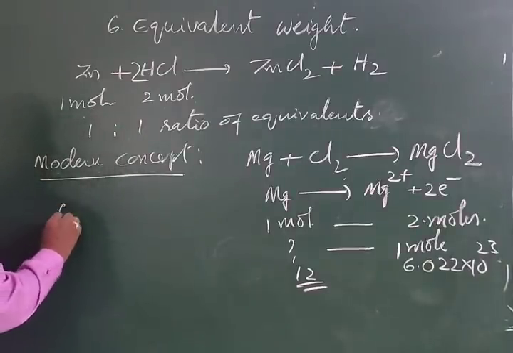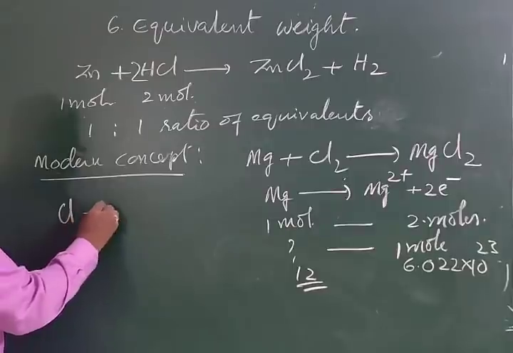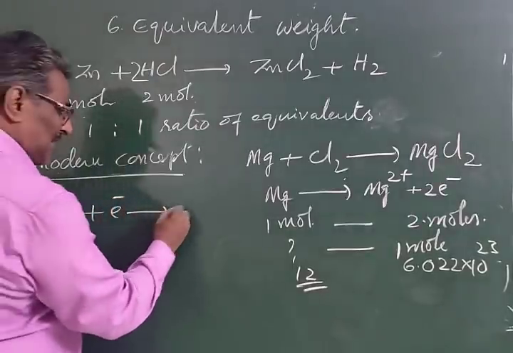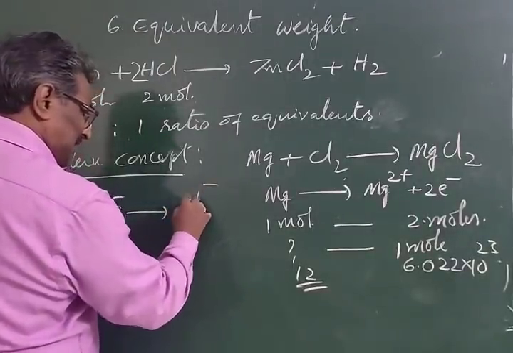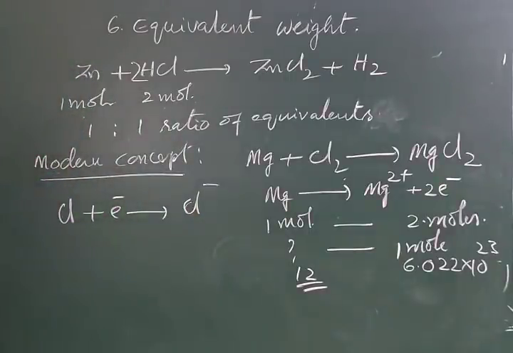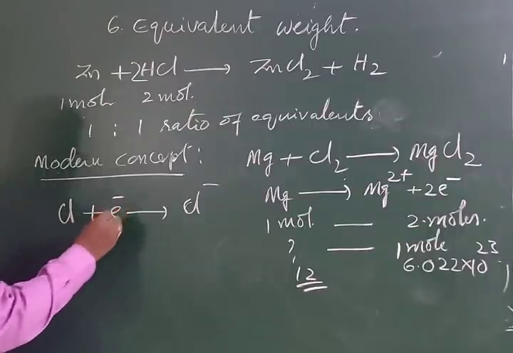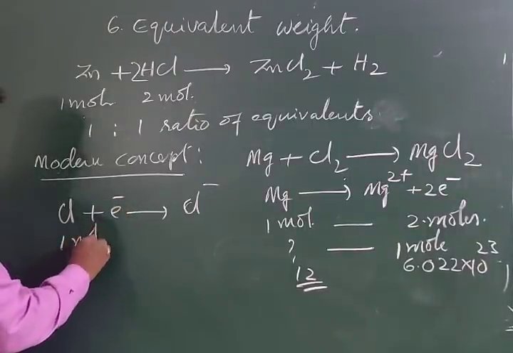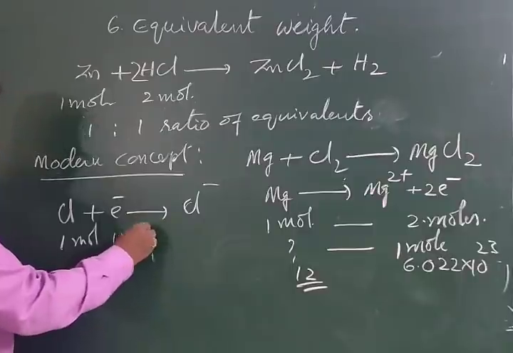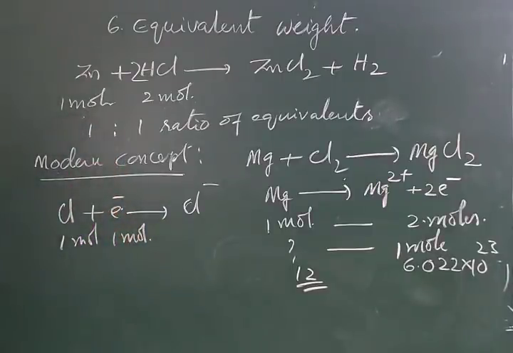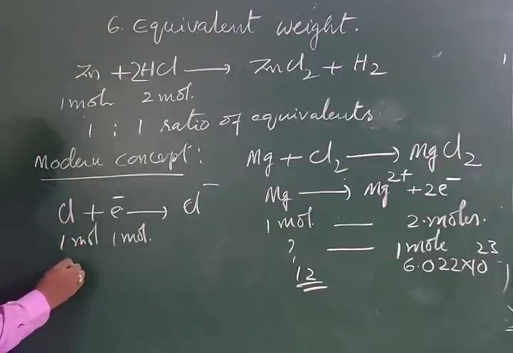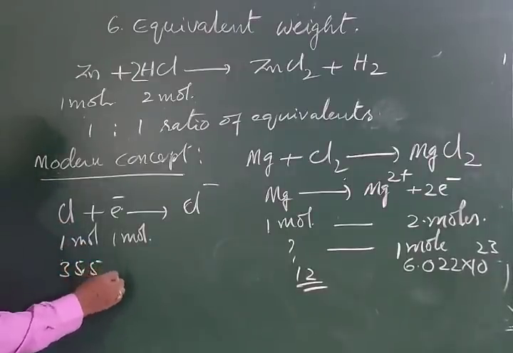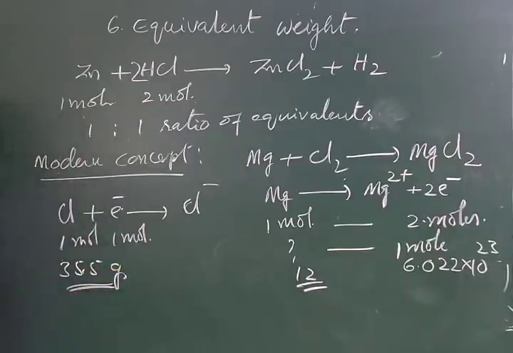In the same reaction, chlorine gains 1 electron and becomes chloride ion. Here the mole ratio is 1 mole to 1 mole. 1 mole of electrons is gained by 1 mole of chlorine. 1 mole of chlorine atoms means 1 gram atom of chlorine, that is 35.5 grams.